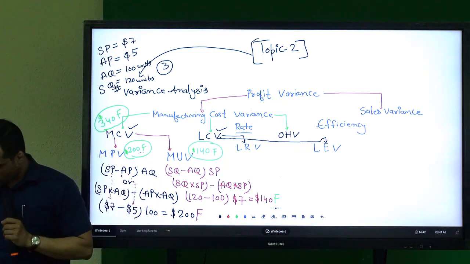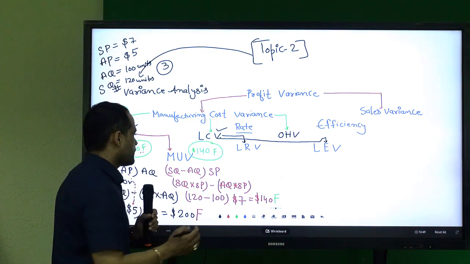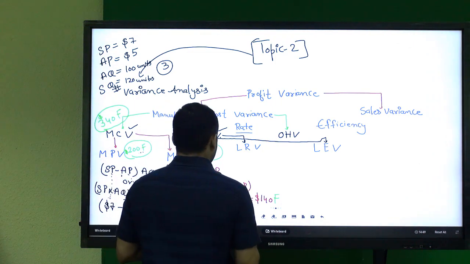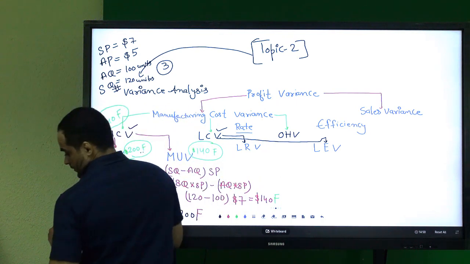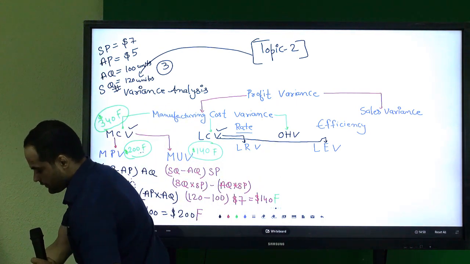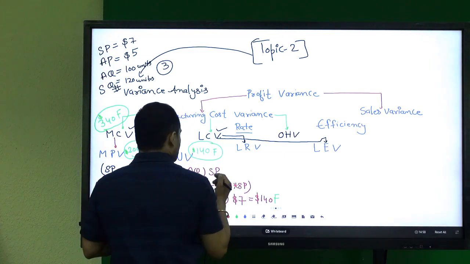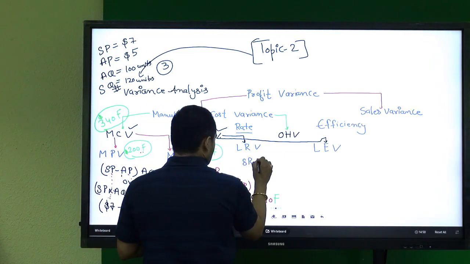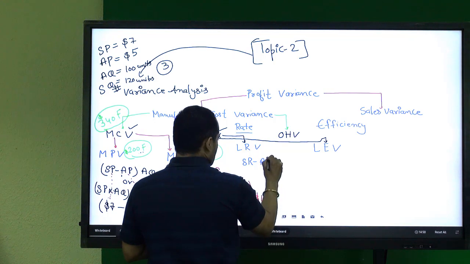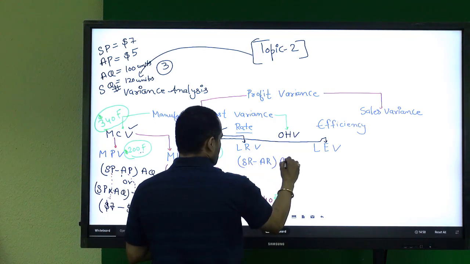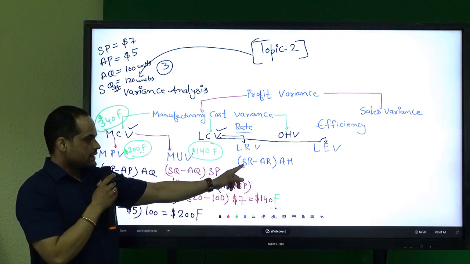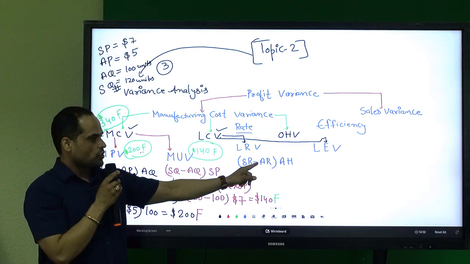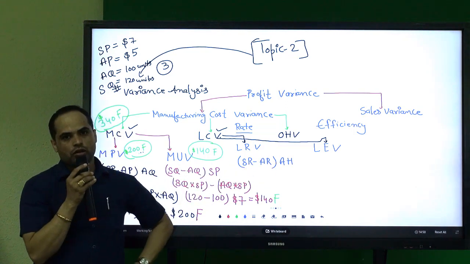The formula is standard rate minus actual rate, multiplied by actual hours.